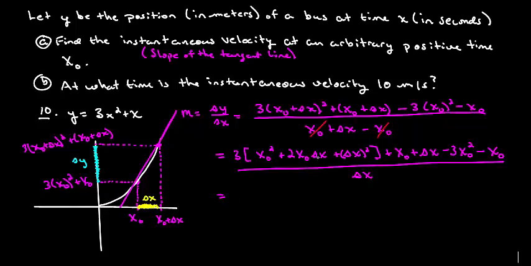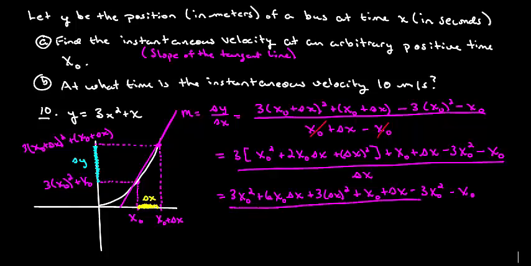Now we'll distribute this 3 in. Now we'll see what we can go ahead and cancel. So we've got 3x0 squared and negative 3x0 squared. We've got negative x0 and x0, so these guys are gone. Notice that the only things that are left have a change of x in it, and it's always that way.